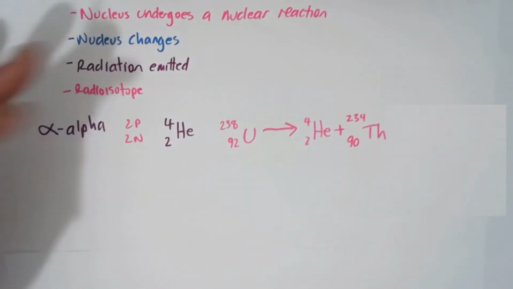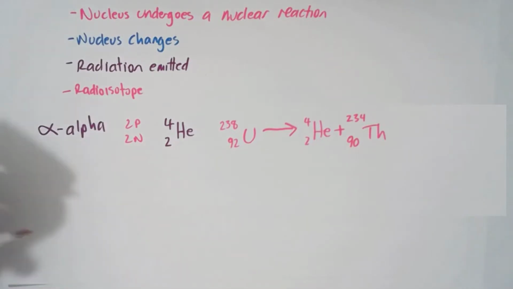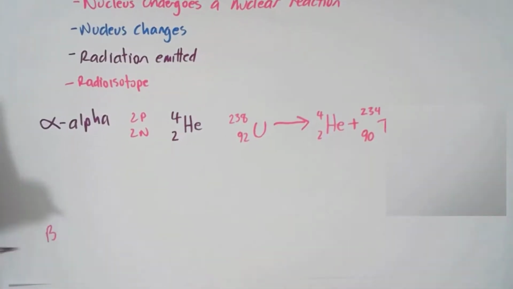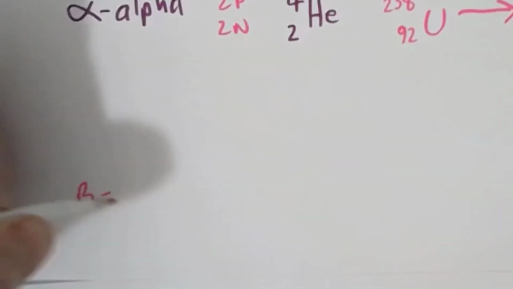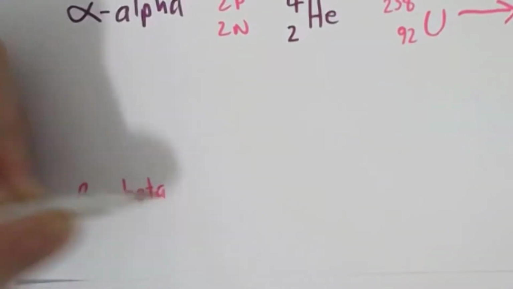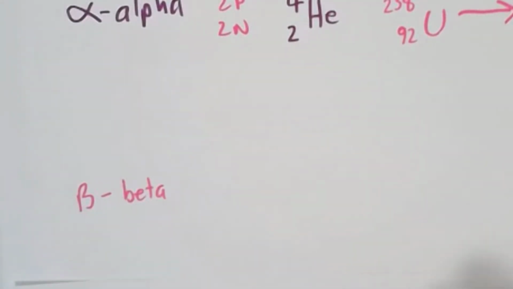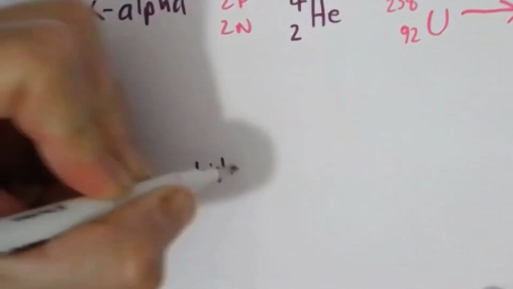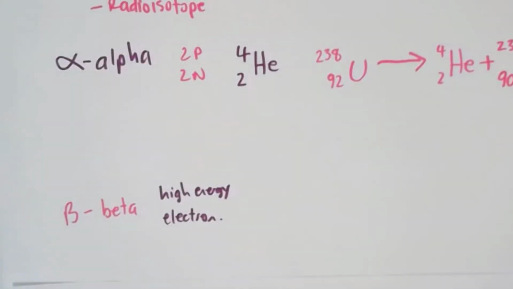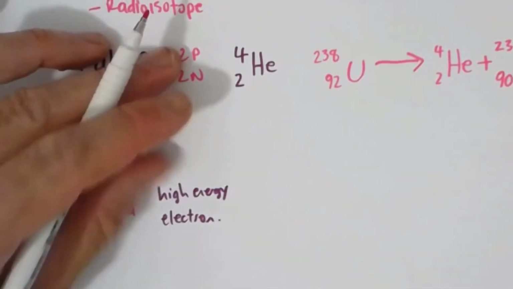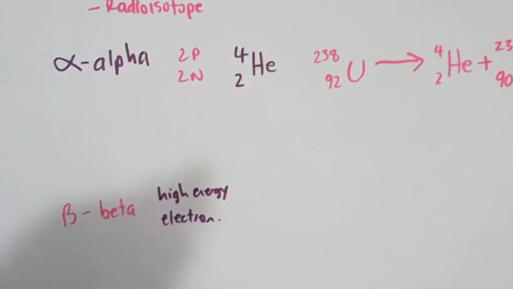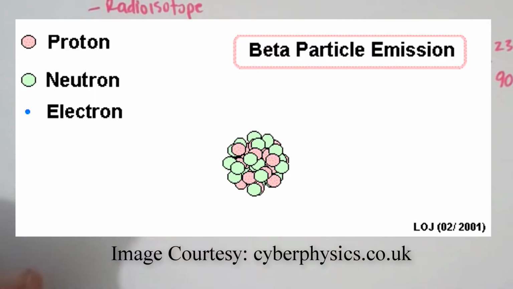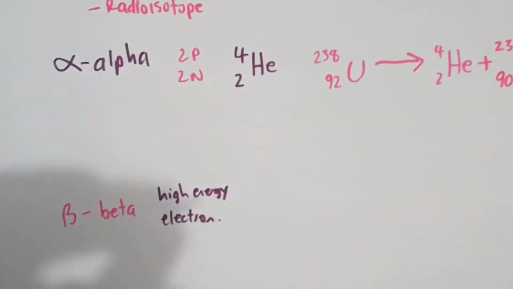I want to also show you beta decay. That's the sign for beta, again a Greek letter. A beta particle is actually a high energy electron. That high energy electron is formed when a neutron in the nucleus is changed into a proton.